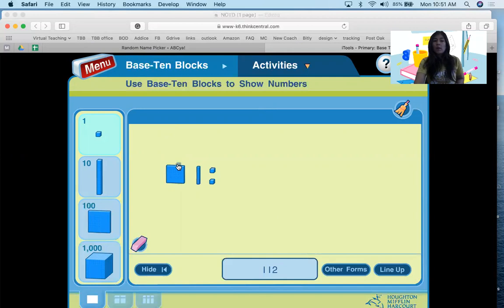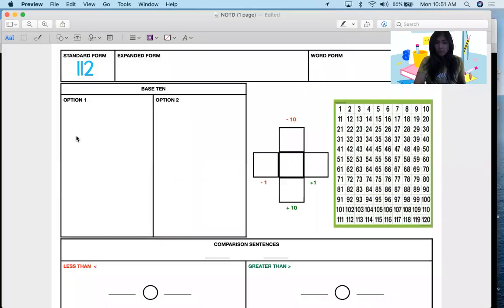If you remember, there are 10 ones in a 10. In 100, there are 100 ones. So in order to represent this, let's see if I can represent the number.